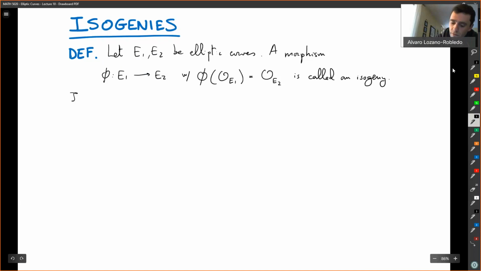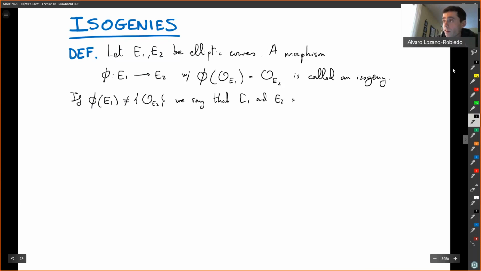If phi of E1 is not just O of E2, so it is non-constant, then we say that E1 and E2 are isogenous.